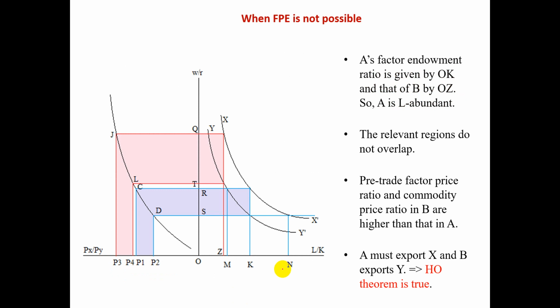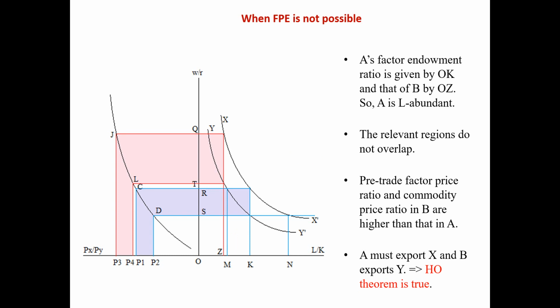Now we consider a case when factor price equalization is not possible even if we have no factor intensity reversal. So we have already said that the assumption of no factor intensity reversal is very important. But now we shall show that even in its absence, factor price equalization will not be possible if the factor endowments in the two countries are much different.